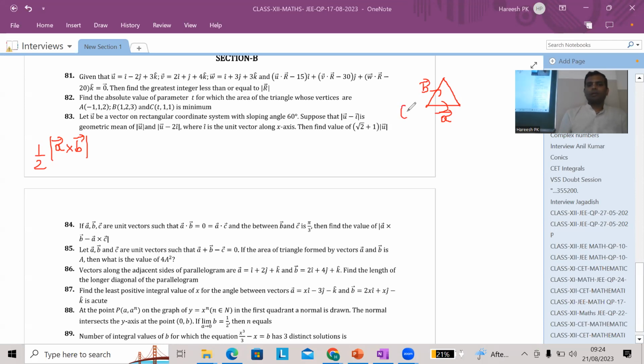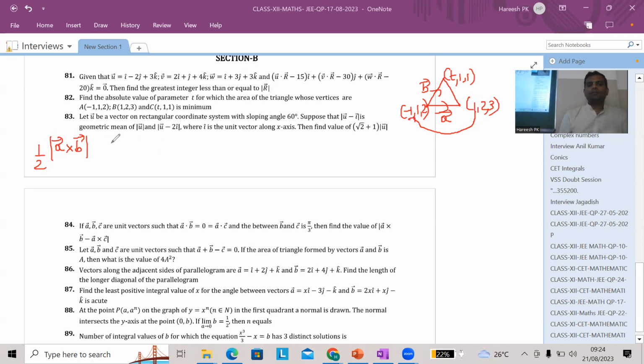This point is (-1, 1, 2). And this is (1, 2, ...). And this one is P1. So now let us find what is vector A. How to find vector A? Final point minus initial point.